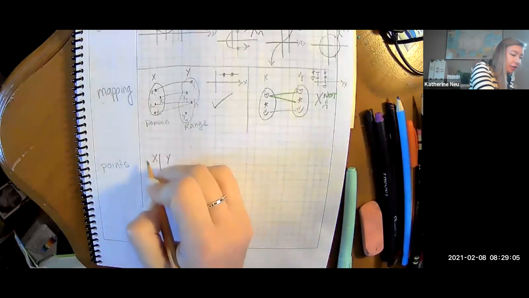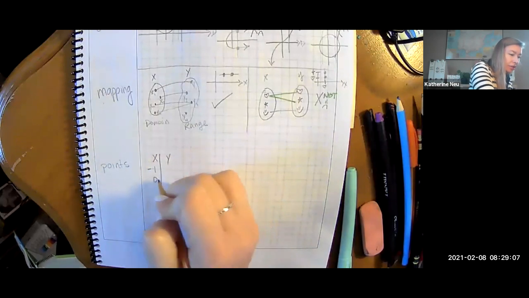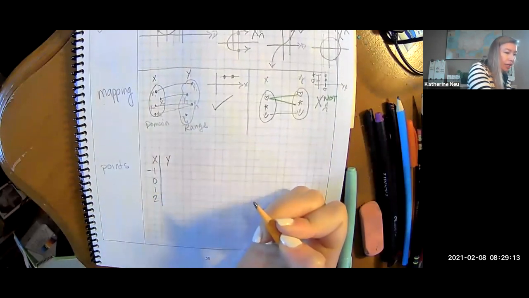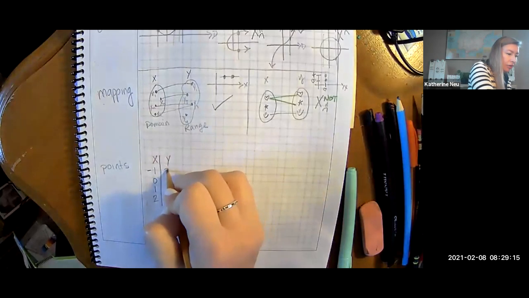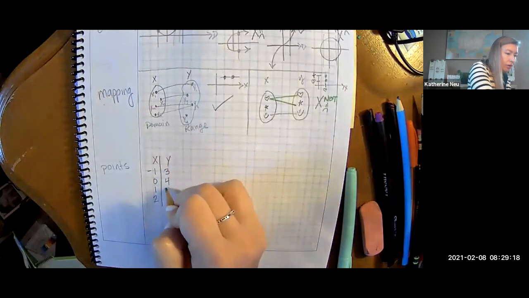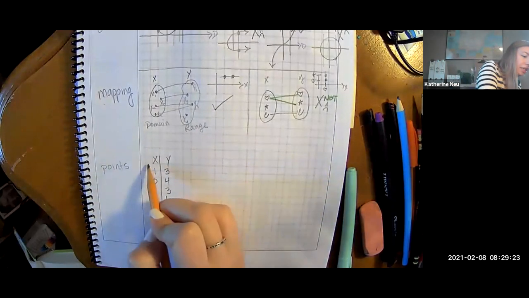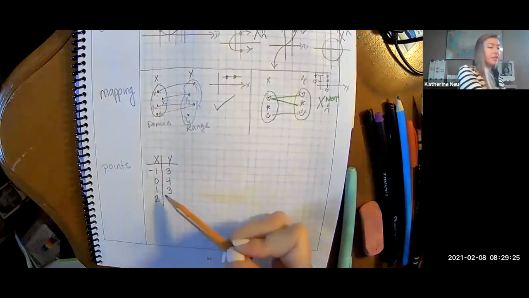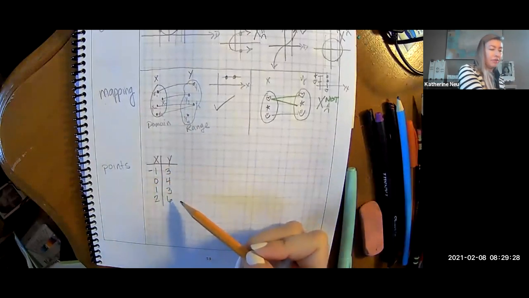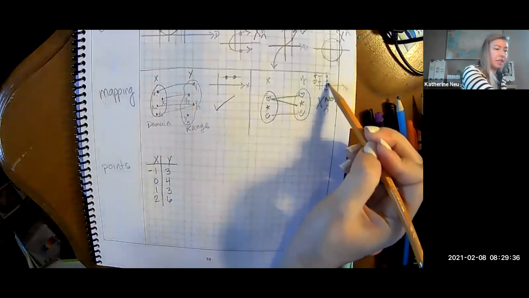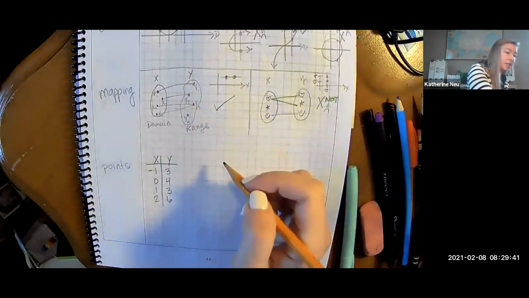My x is going to be -1, 0, 1, and 2, and my y is going to be 3, 4, 3, 6. It doesn't matter exactly how all of those graph. What we're always looking for is repeats, to see if something is going to pass the vertical line test or not.